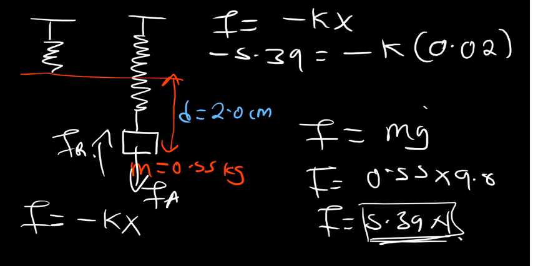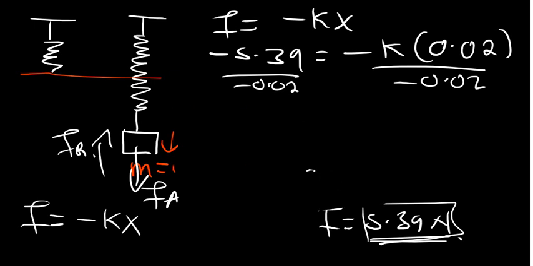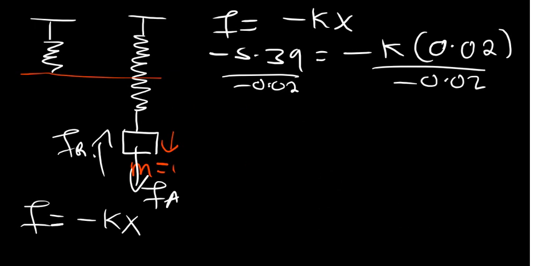So I'll divide both sides by negative 0.02. So this can go. So my K will be equal to 5.39 divided by 0.02.